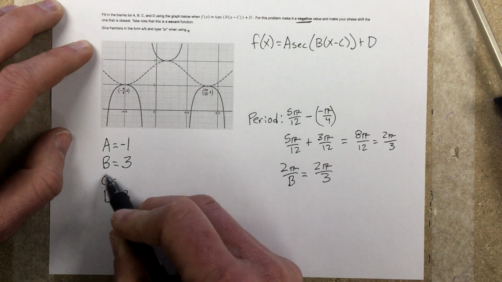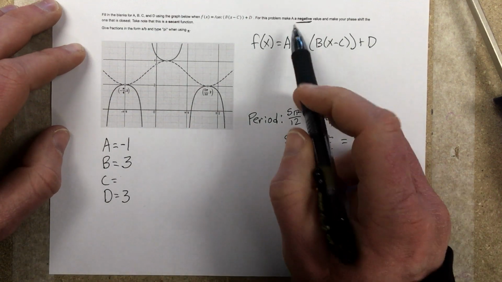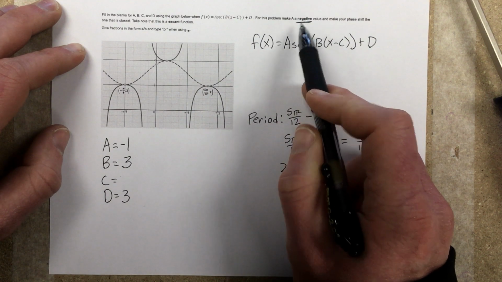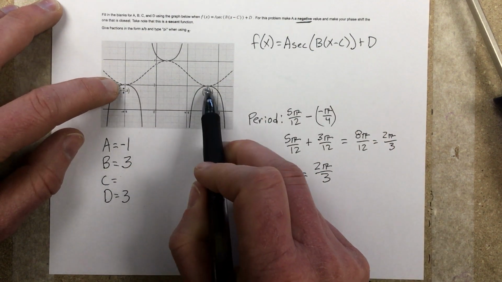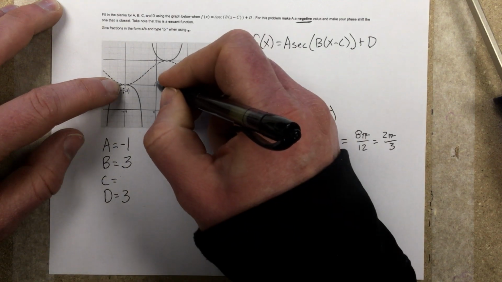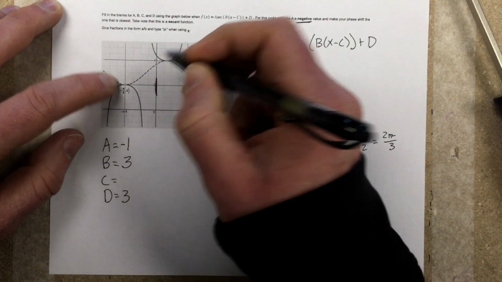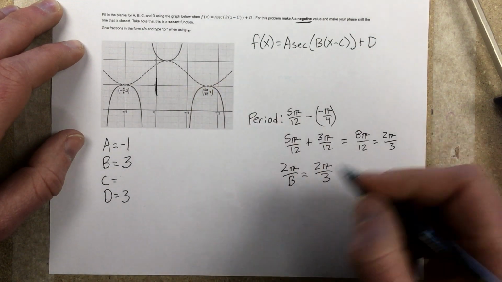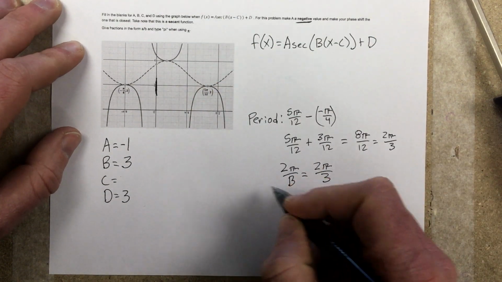Now the c part is a little bit more difficult because this is negative. We're going to be looking at these two values here, and we're going to try to see which one is closer to the y-axis. So secant, I'm going to write this out.